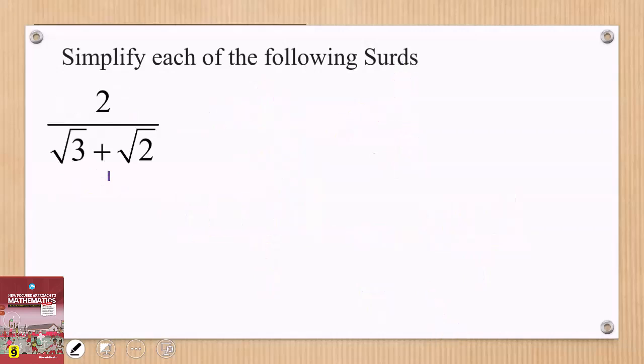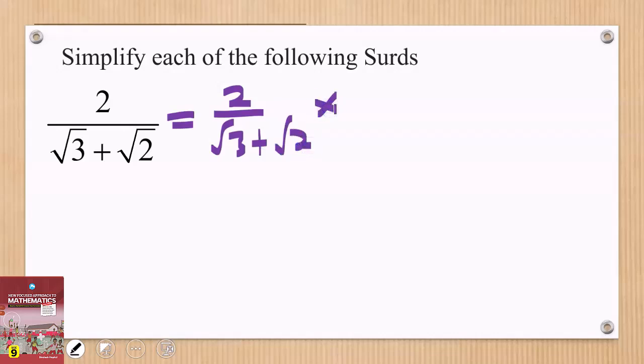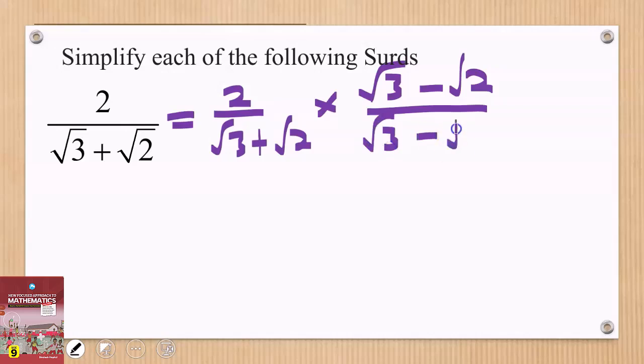Let's use the conjugate here. So again, we can write the same thing as 2 over root of 3 plus root of 2. Then I multiply this by root of 3 minus root of 2 divided by root of 3 minus root of 2. So that is the conjugate aspect that we did earlier in our previous video.